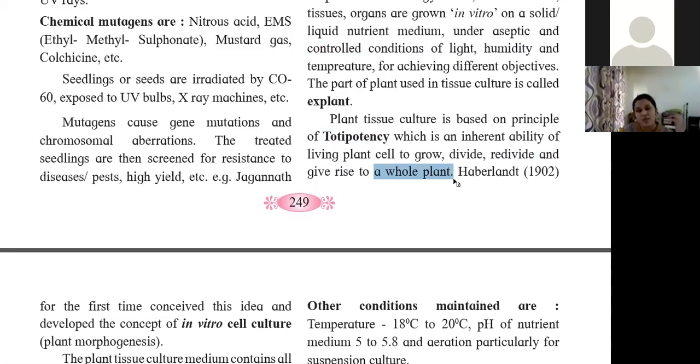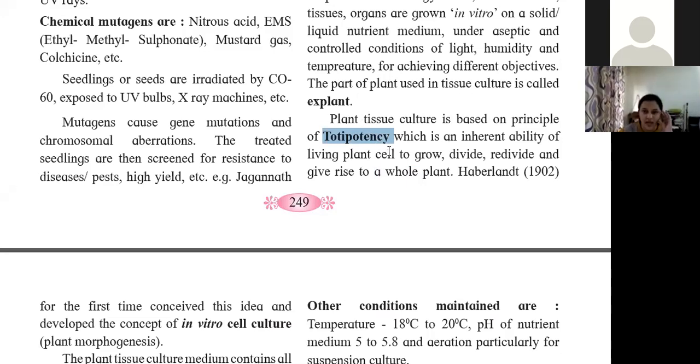It means the plant has the ability of totipotency to develop new organs from some initial part. Okay, one single plant cell has the ability to grow and divide into a complete plant. This ability is not shown by animals. This is a specific characteristic of plants only, right?